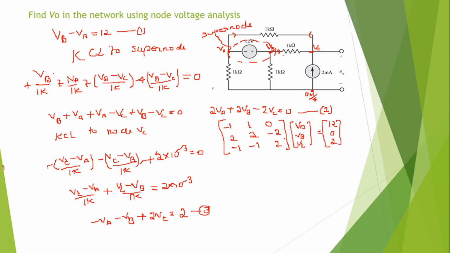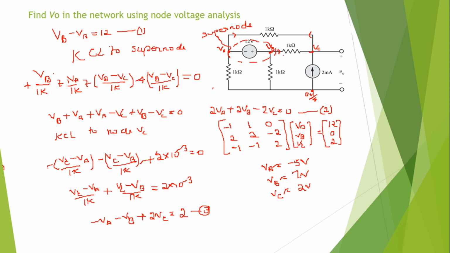If I solve this matrix equation using Cramer's rule, I will get VA as minus 5 volt, VB as 7 volt and VC as 2 volt.